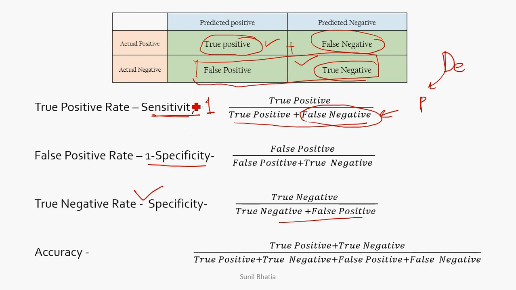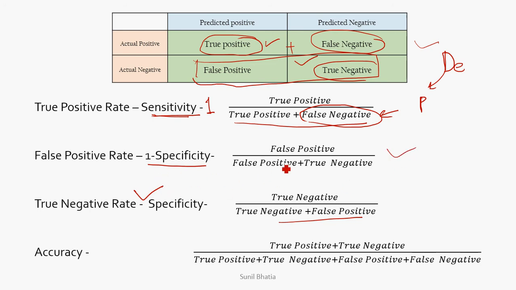So this is for the positive correct labels, and this is for the negative correct labels, and this is quite intuitive. When we look at this confusion matrix for some time, all these ratios will start becoming very intuitive and very easy to understand.